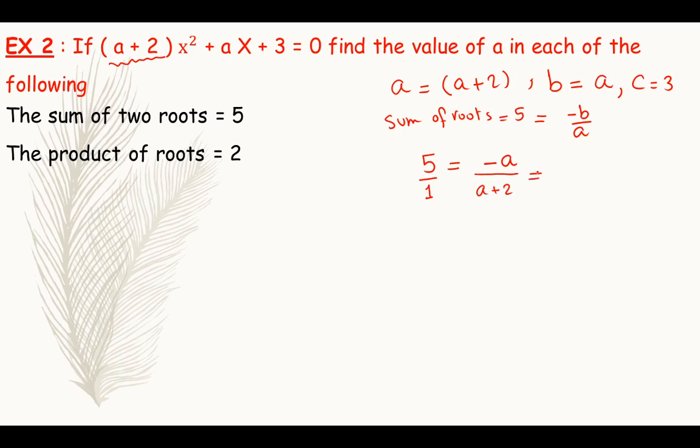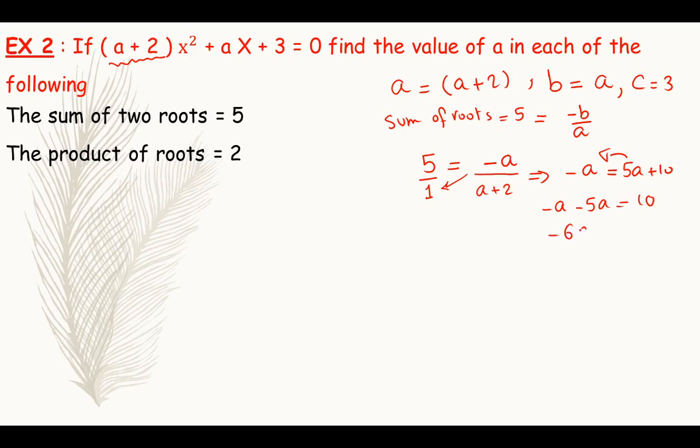Cross multiplication. Negative a times 1 will be equal to negative a. Okay? 5 multiplied by a plus 2, so it will be 5a plus 10. Here 5a will go to the other side, so it will be negative a minus 5a equals 10.